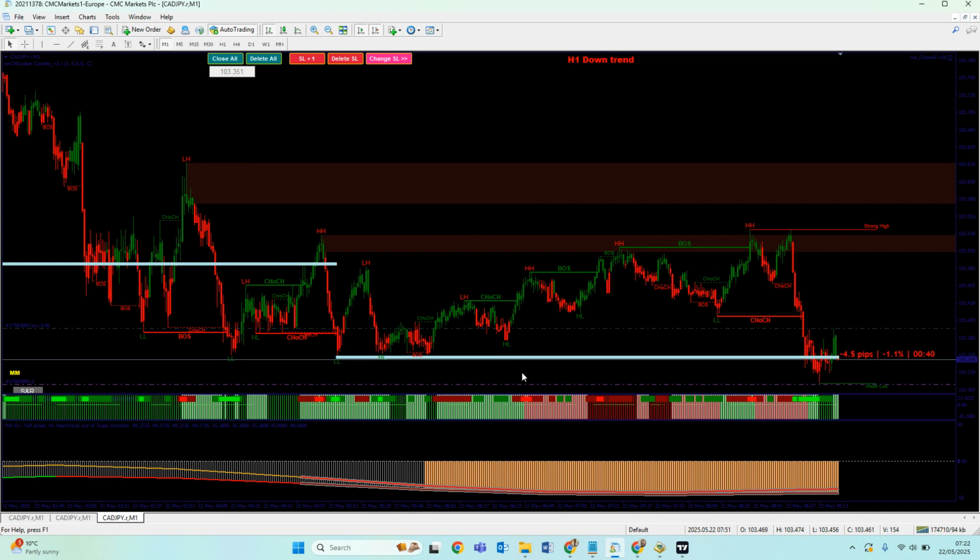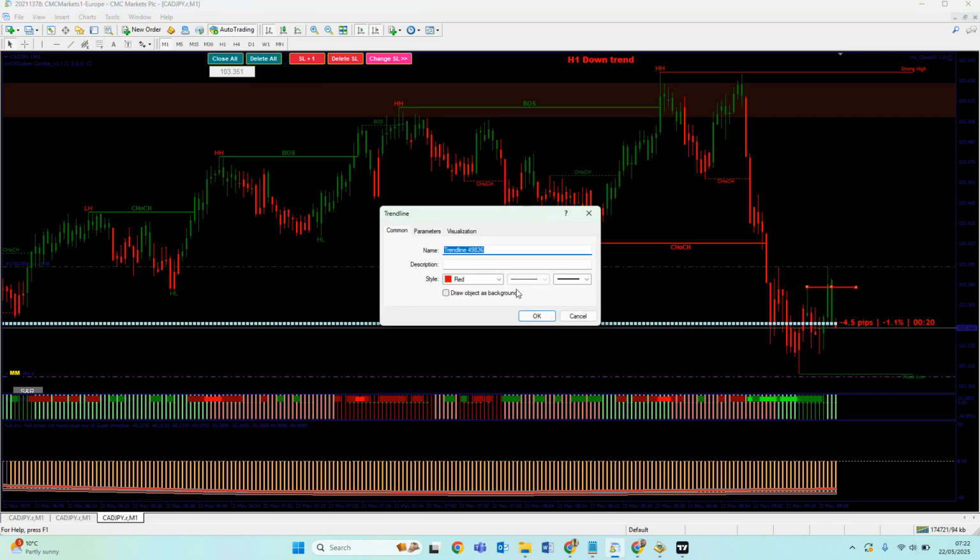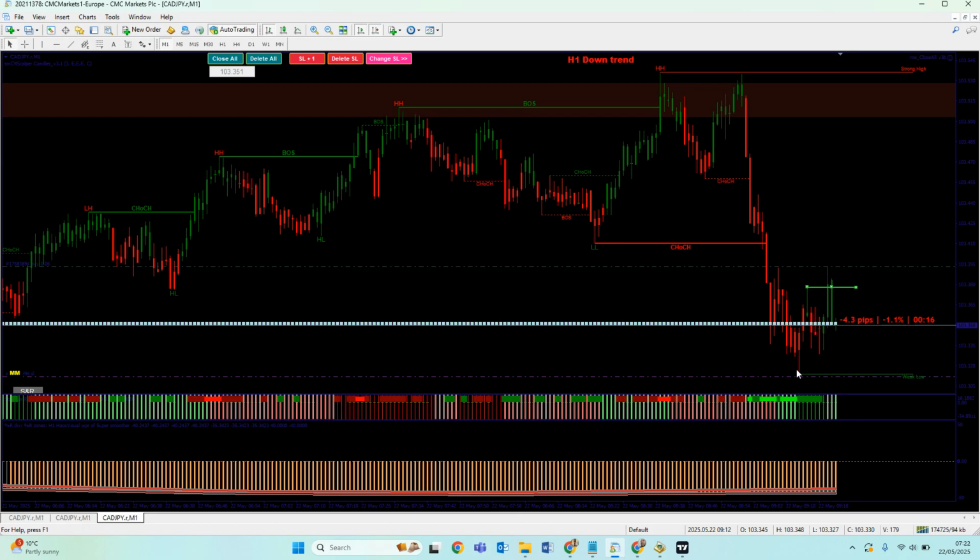Now the origin of it has been broken and we can see a failure here. So we broke it, we had a pullback, we failed to make a lower low, and price traded above the center point. So that is one break.